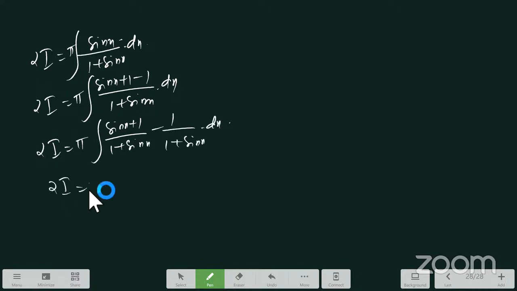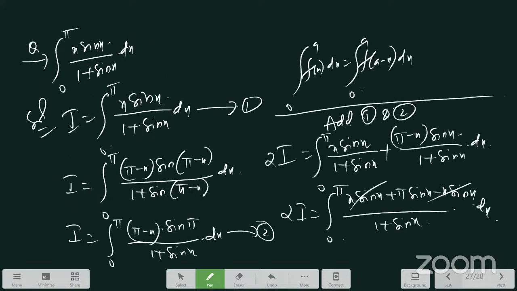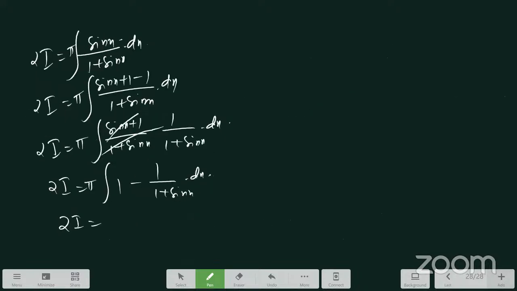And 2I is equal to pi, this gets cancelled, that is 1 minus 1 by 1 plus sin x dx. So 2I is equal to, what are your limits actually? 0 to pi, right? So your limits are still 0 to pi only.